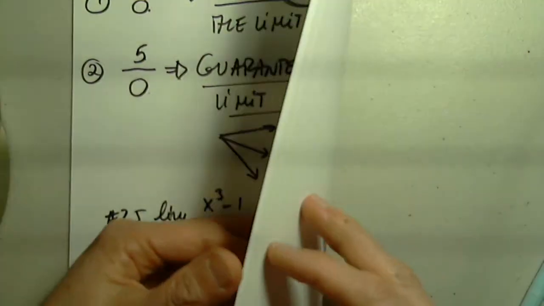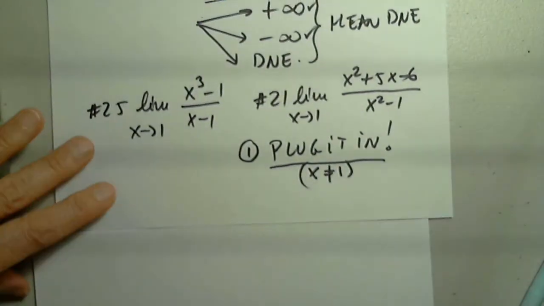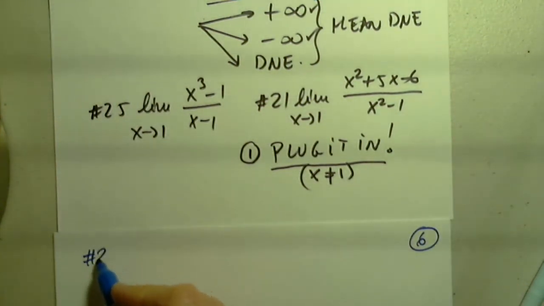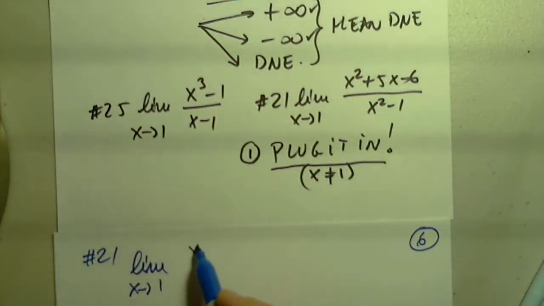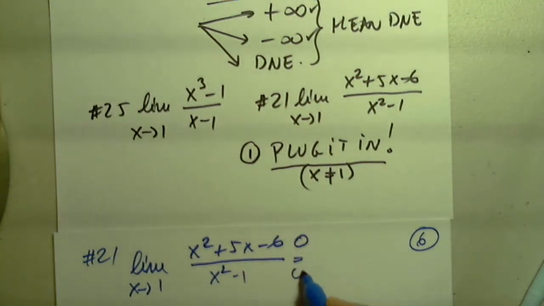Okay, so when we plug in 1 in 21, what do we get? 1 plus 5 minus 6 over 1 minus 1. What do we get? 0 over 0.